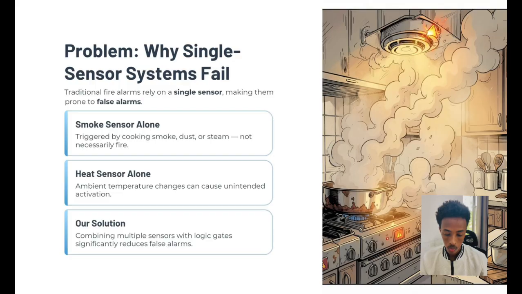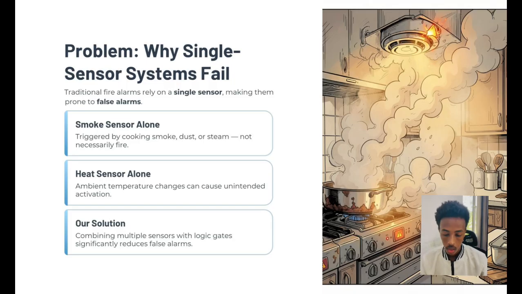Number 2 is the heat sensor. When the room becomes hot, the heat sensor can be activated even if there is no fire. People may ignore the alarm if it rings too often by mistake.